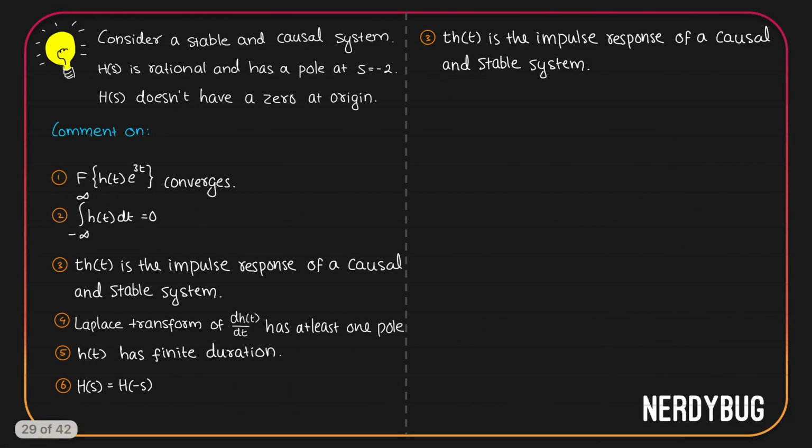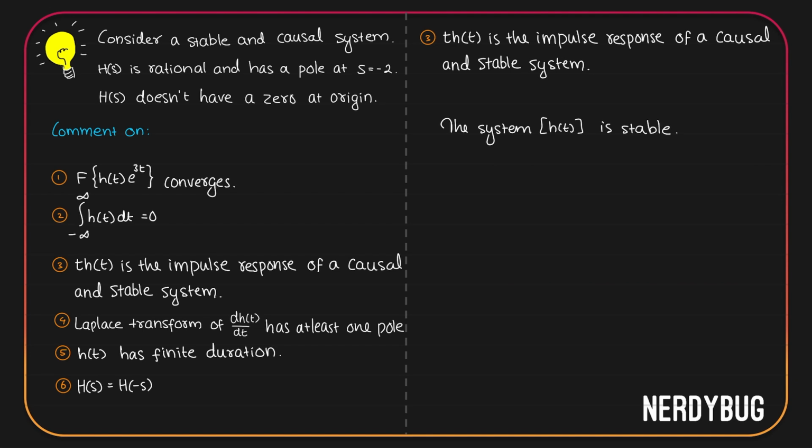Let us see the next statement. t h of t is the impulse response of a causal and stable system. The system given in the question, which has a transfer function h of s, is stable and causal. So we can write the system with impulse response h of t is stable.